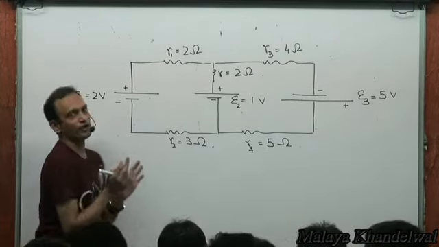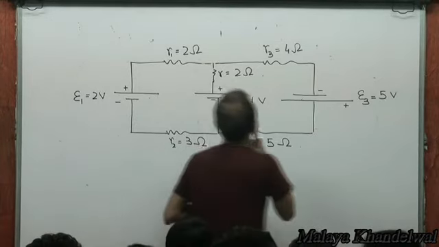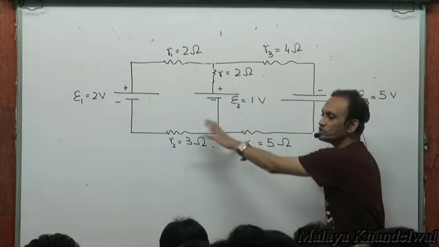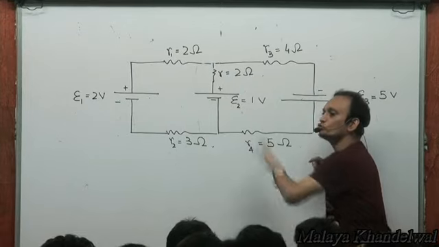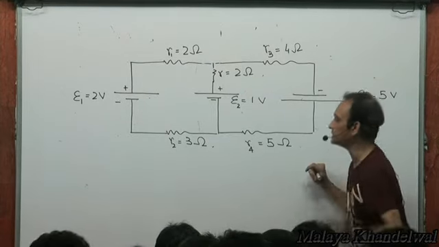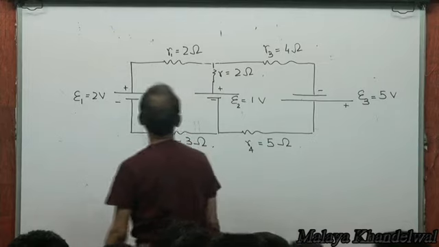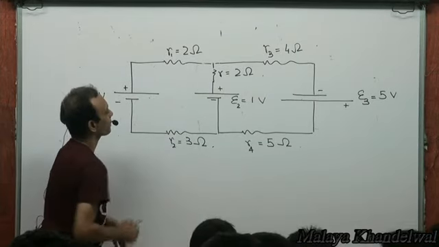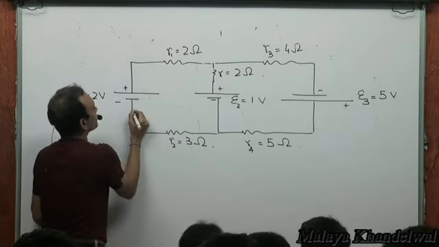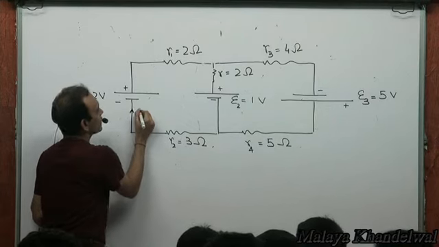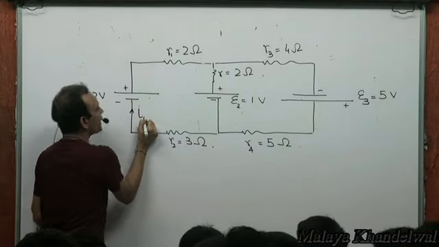I want to be able to find the current through various branches of these two loops. Now what I do is, say I start with a current I1 through this.